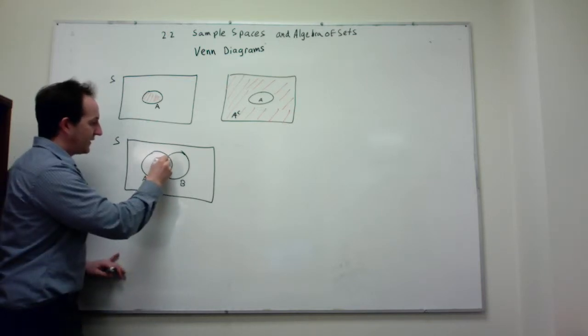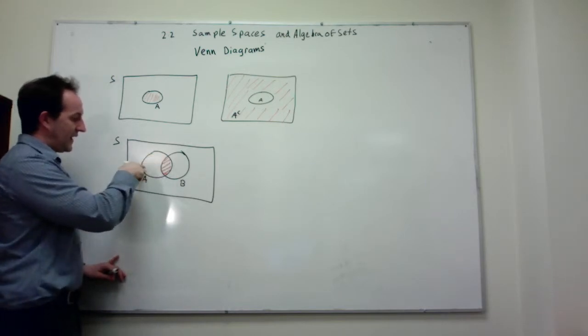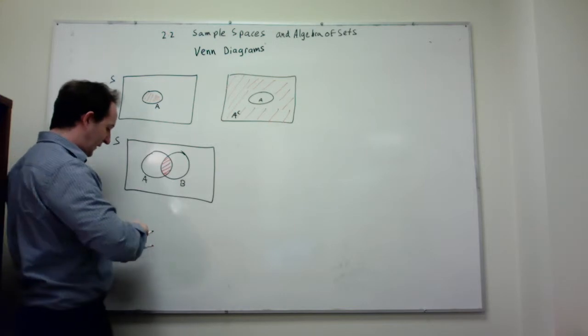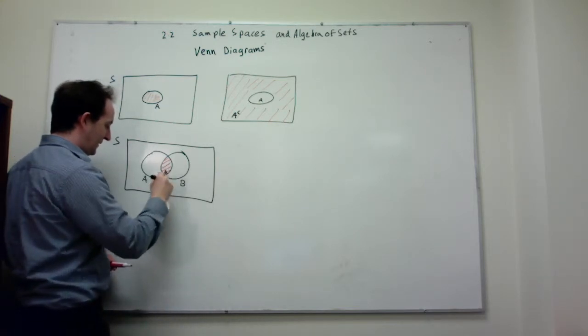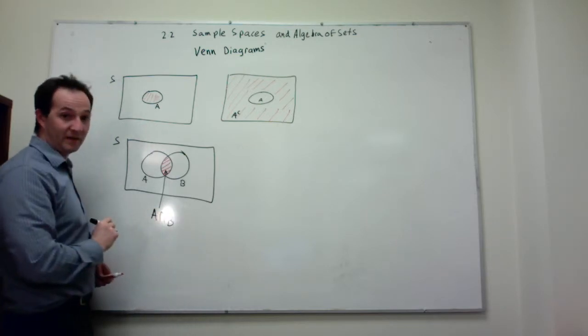So this set here is the set that is in A, but is also in B. So this shaded region corresponds to A intersection B. Okay?